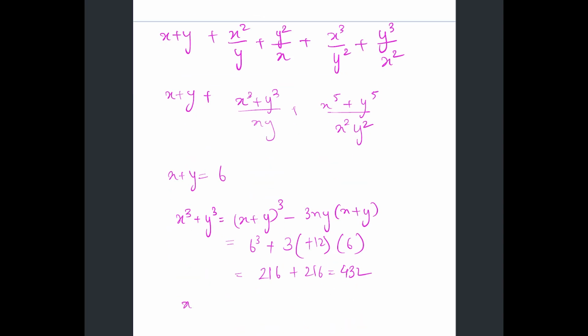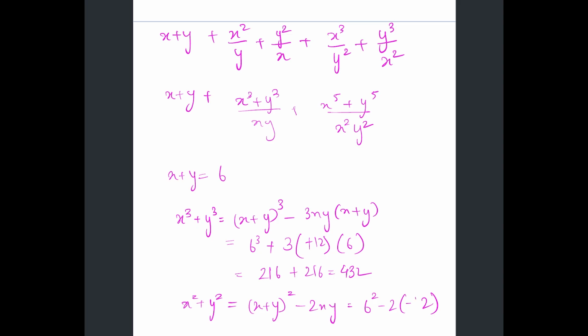We can also find x square plus y square. x square plus y square equals x plus y the whole square minus 2xy, which is 6 square minus 2 times minus 12, right?